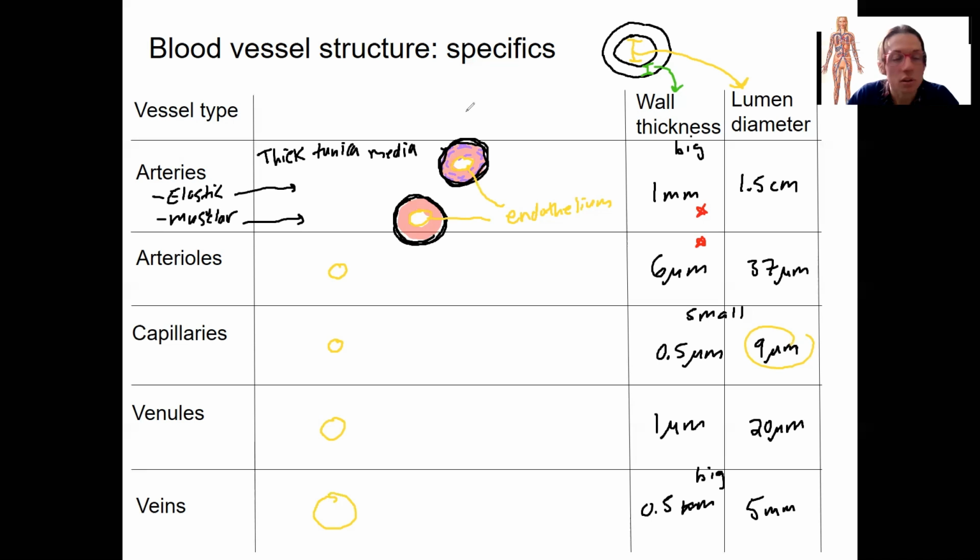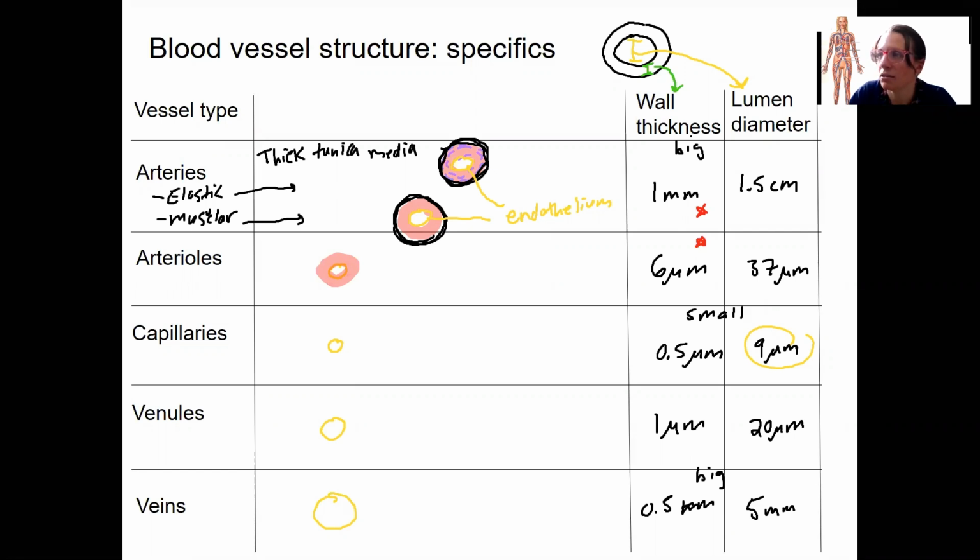In the arterioles, they're a little thinner overall, right? But we still have a decent muscular layer, and that's important for their function. I can't control that exact thickness with this, so I'm going to draw it that way, even though it might be a little thinner muscle than that. The muscle is really important in this arteriole, so I'm still going to draw it like that.